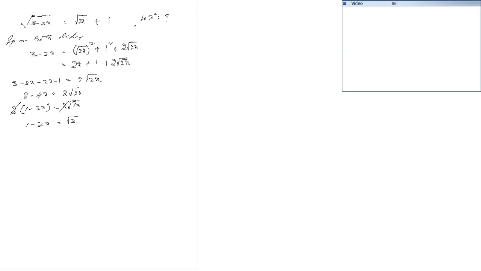Now do squaring on both the sides. 1 minus 4x plus 4x square is equal to 2x. Implies 4x square is equal to 6x minus 1.